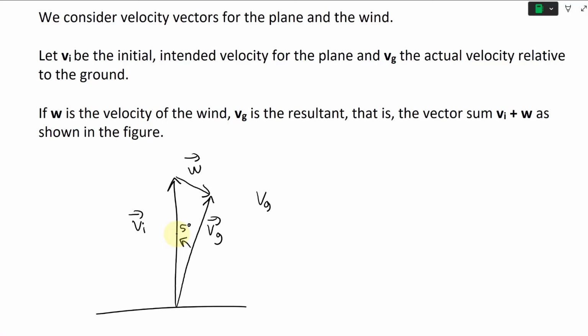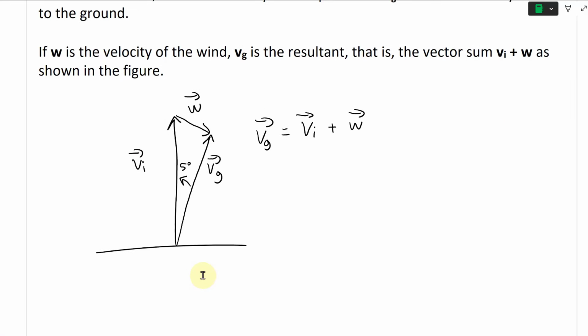So we have V_G equal to just basic vectors, V_I vector plus W vector. And if this is 5 degrees and you're going due north initially, the intended scenario, then this angle is going to be 90 minus 5. This is a right angle, so this is going to be 85 degrees.